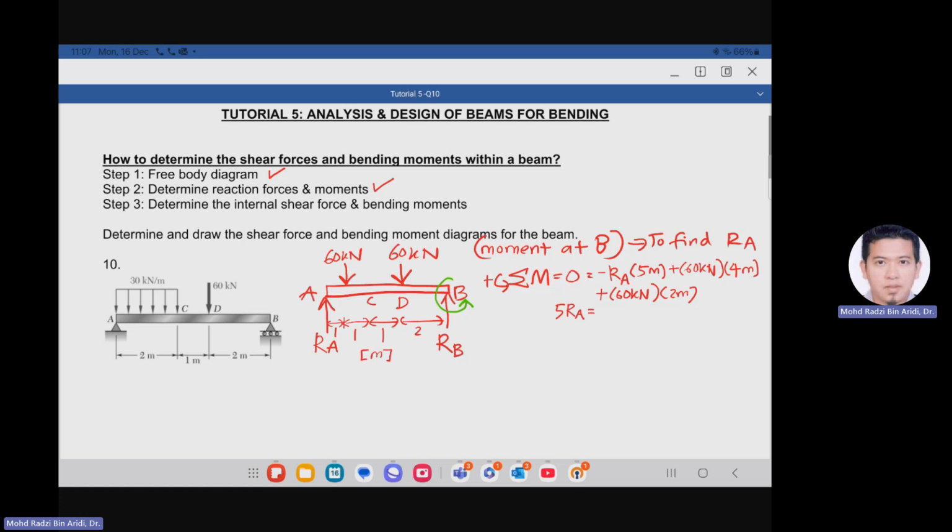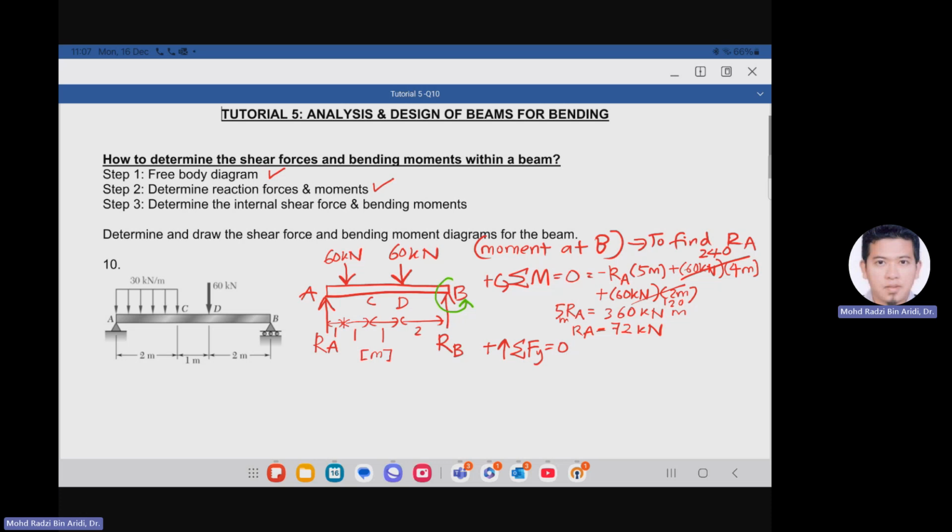As the result, you will see that RA will be equal to 72 kilonewton. And then for RB, we take the summation of the vertical forces.